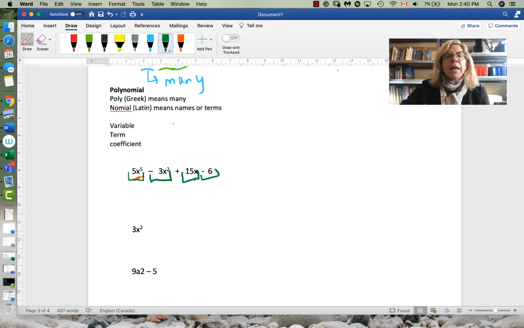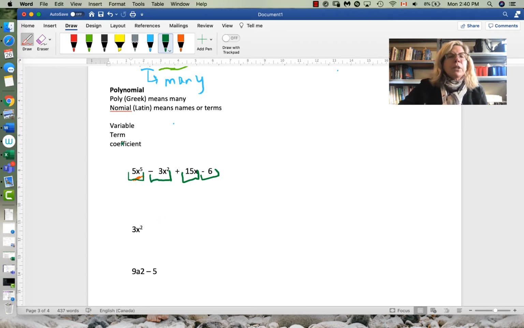You notice I actually included the minus sign when I talked about the term. That's pretty important. If it's positive, it's just positive, but if it's negative, it has to be included.